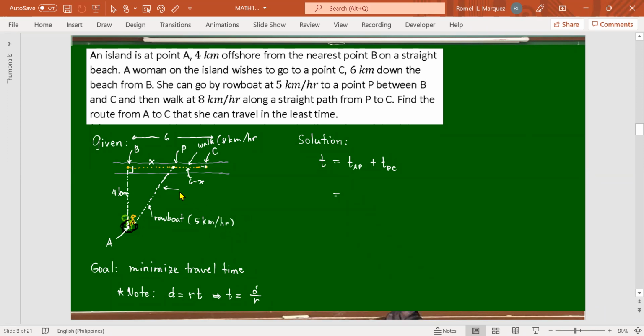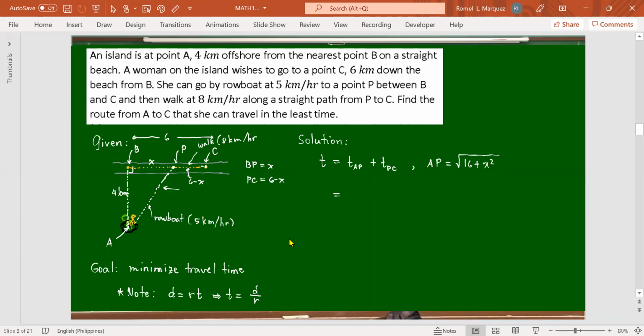Guys? What is this segment? So what is AP? AP is square root of 4 squared, so 16 plus x squared. Yan. Okay? So again, BP is X. If BP is X, what is my PC? 6 minus X. 6 minus X. Okay?